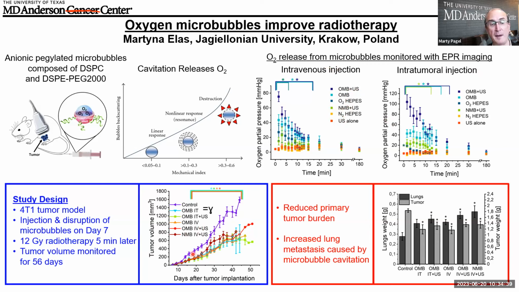Does this matter? Yes, you do get better tumor control. Tumor volume is lower with this treatment relative to control, corresponding again to the O2 release. Unfortunately, cavitation will cause an increase in metastases to lungs, as seen by these dark bars here. Some more work has to be done to avoid metastases of the primary tumor caused by ultrasound cavitation, but I think of that as more of an ultrasound effect. And of course, there's great research being done in that area.